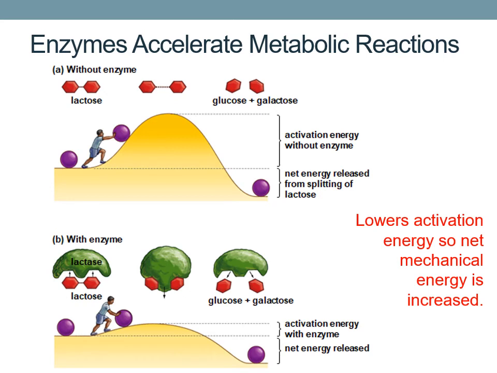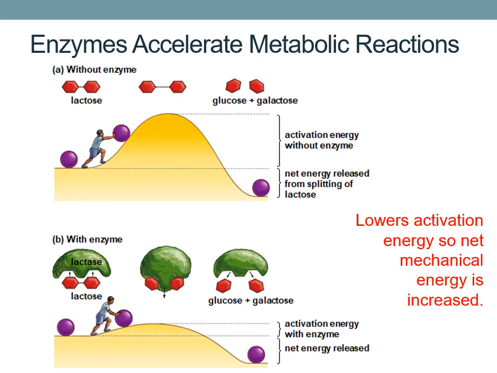The top of this figure shows a man pushing the lactose substrate up a hill. Once the lactose gets to the top of the hill, it's going to be converted to the products, glucose and galactose.